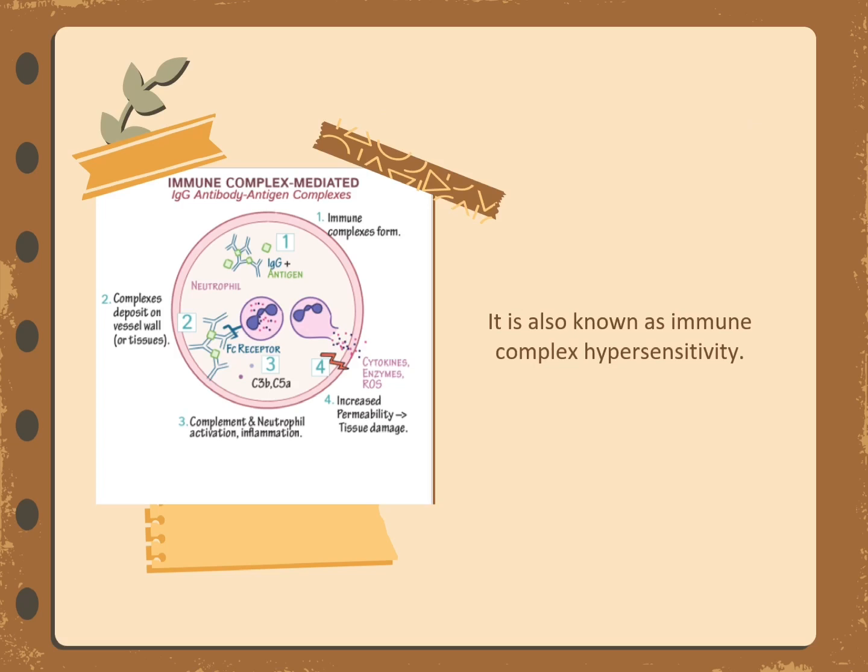The reaction may take 3 to 10 hours after exposure to the antigen. The reaction may be general or may involve individual organs. Antigens causing immune complex mediated injury are exogenous and endogenous.